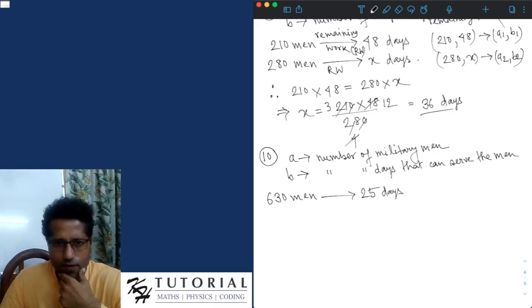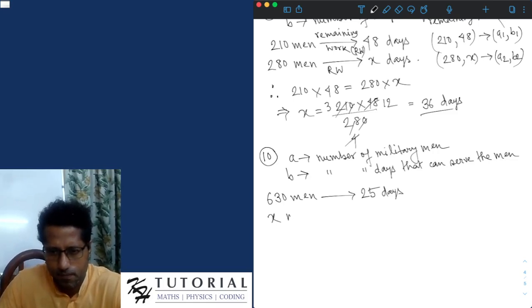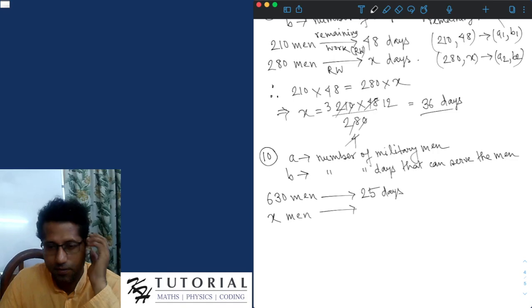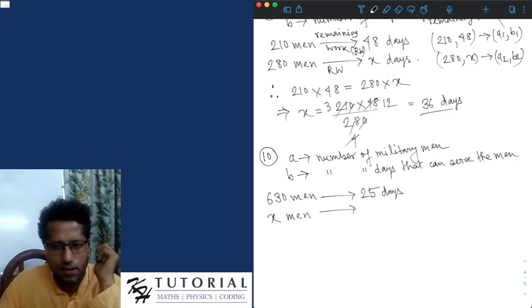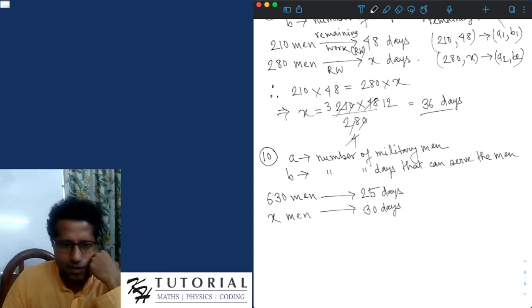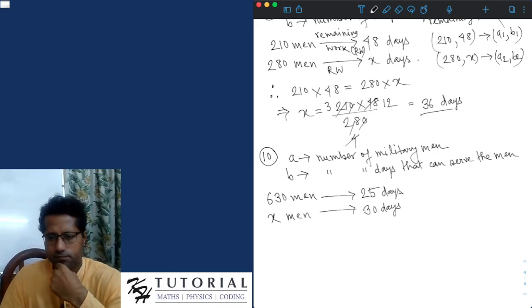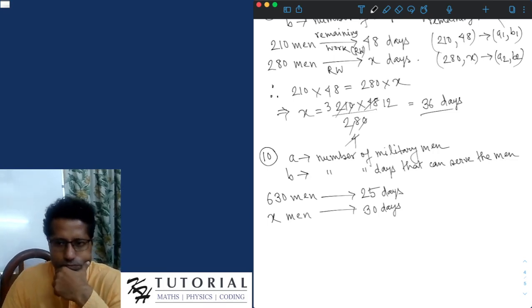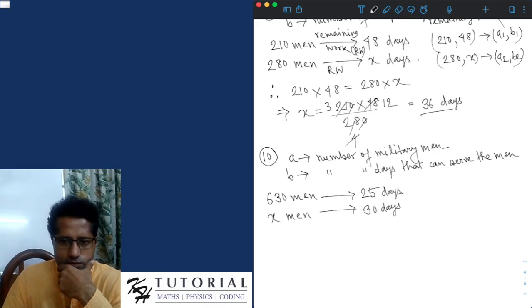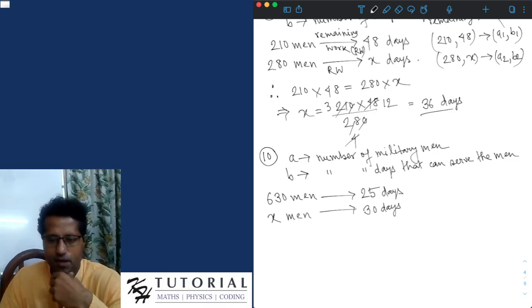So instead of finding how many men need to be transferred, let's say X men can be served by the same food in 30 days. The amount of food is constant, not changing. Now definitely X will be less than 630, and then we will find the difference of 630 and X, which will be the number of men that need to be transferred.